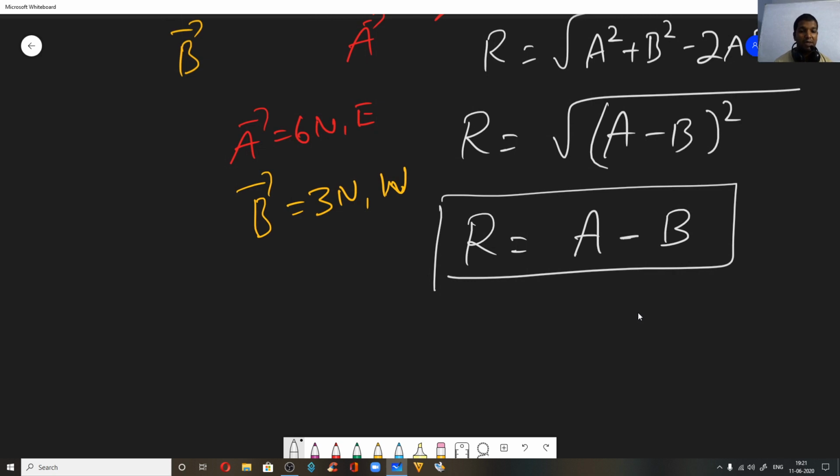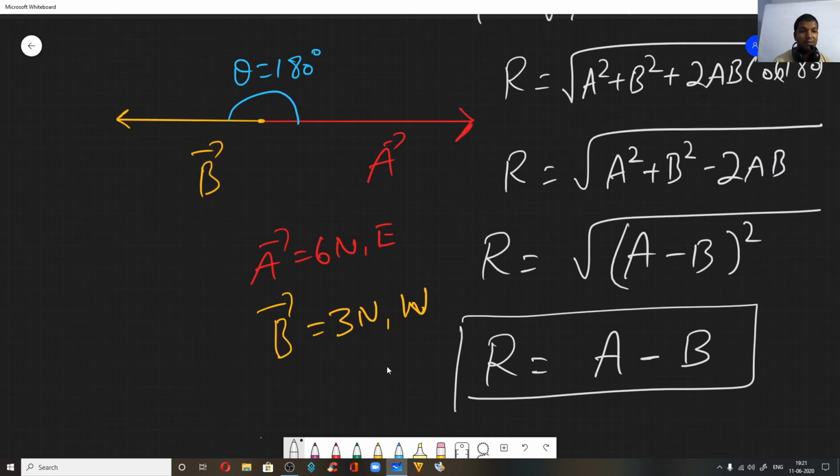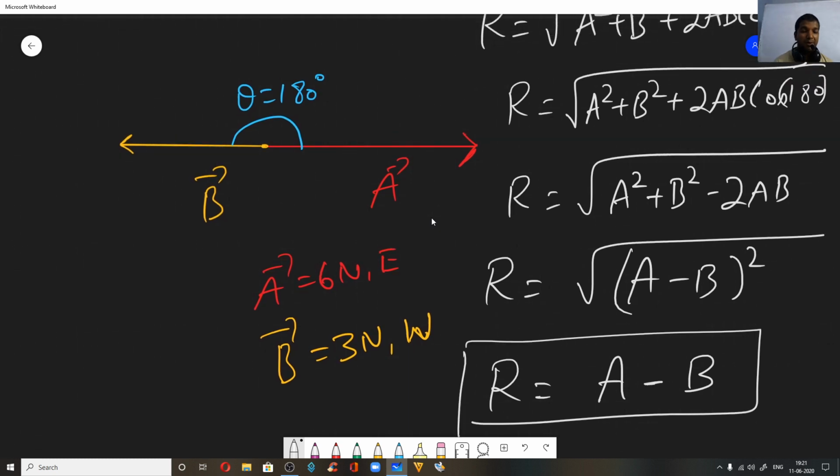So finally you can write diagram wise. As I told you, to represent the length, for example 6 Newton, I have represented by drawing a line of 6 centimeter. It is up to you, you can use 12 centimeter, 20 centimeter.